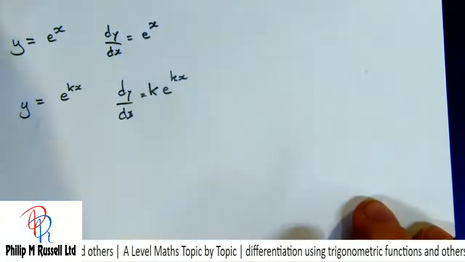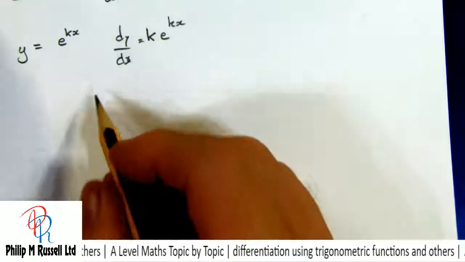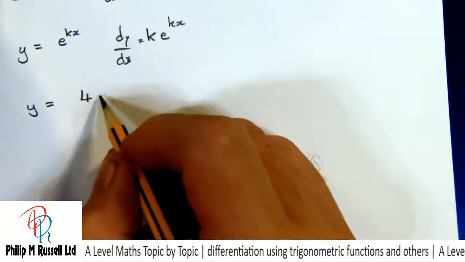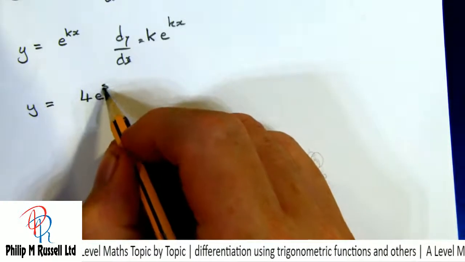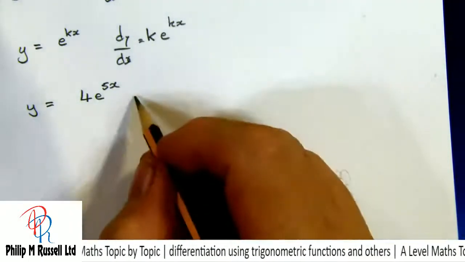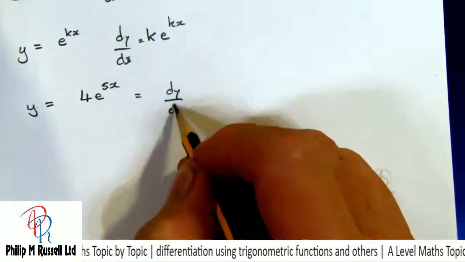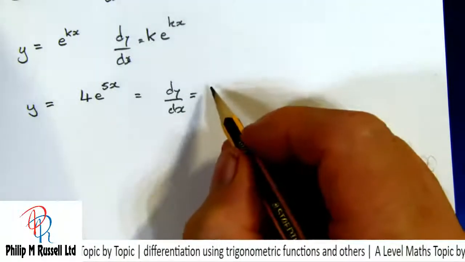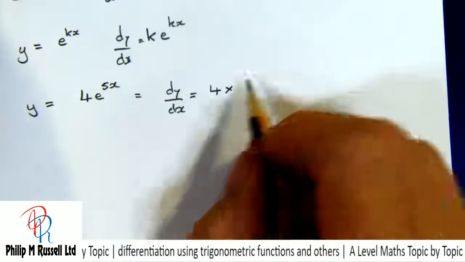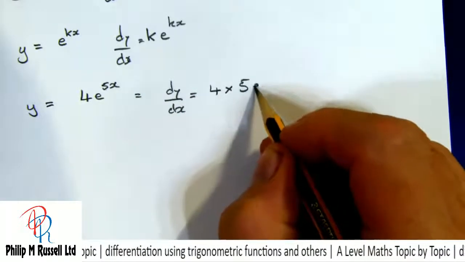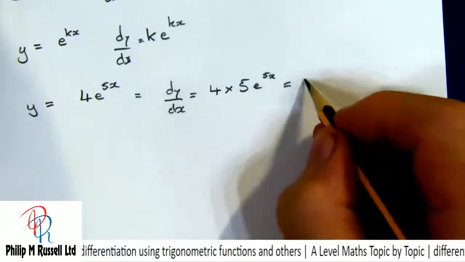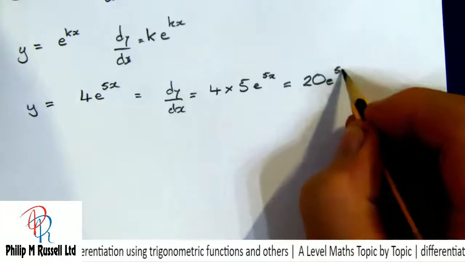Now that makes sense, and if we look at a particular example, let's go for 4e to the 5x. When we differentiate it, dy by dx is going to be 4 times, and then we'll bring down this 5, e to the 5x, which is going to give me 20e to the 5x.